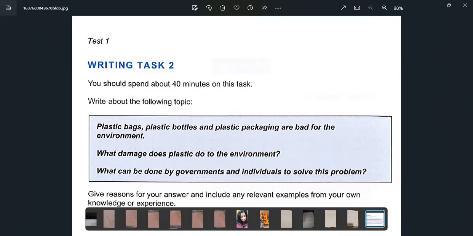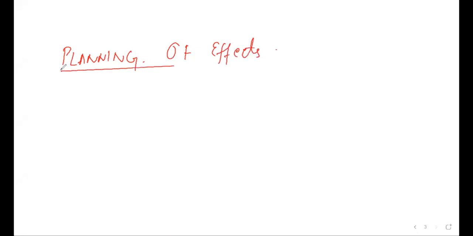Okay, let us get started with planning of effects, which is the first part, the first question. What could be the first effect of throwing too much plastic material or plastic waste into the environment? What would be the first adverse consequence?